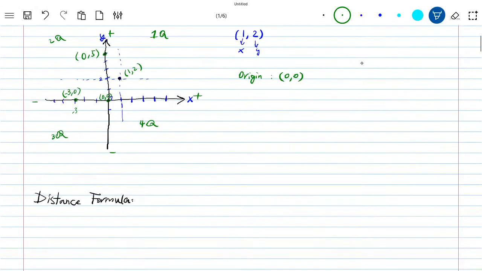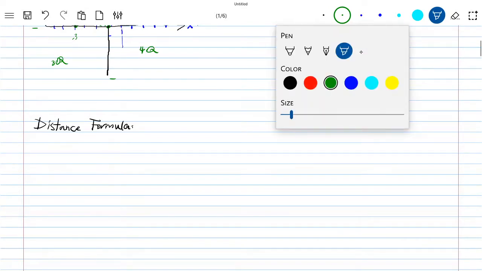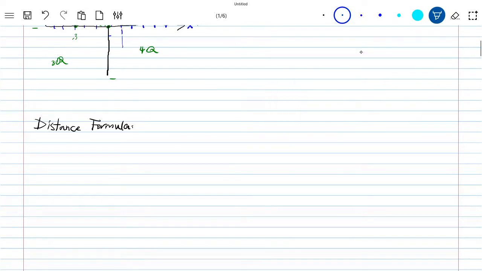Okay, we're going to discuss the distance formula, but first we want to know how do you get to the distance formula? The distance formula is just to show the distance between 2 points. It's nothing complicated, but you should know it already in 1 dimension.